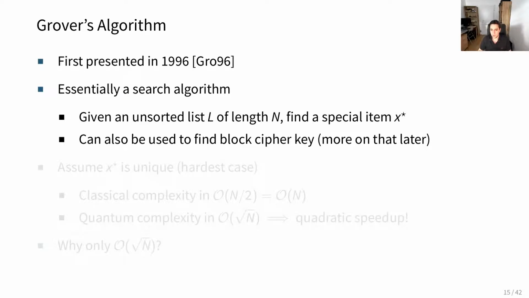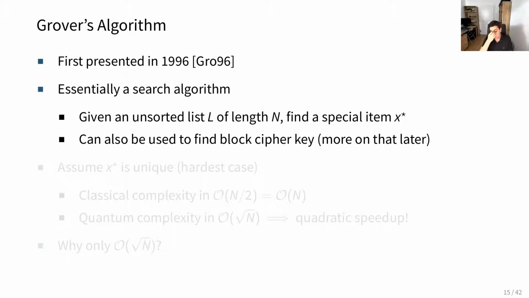Equivalently, we first try to find out if this item is in the list, and then we also try to find the index of this item, so where it actually is. And now you may think, well, this has nothing to do with cryptanalysis. This is just a search algorithm, and actually it can very easily be mapped to a function which finds a block cipher key or a hash preimage. But more on that later.